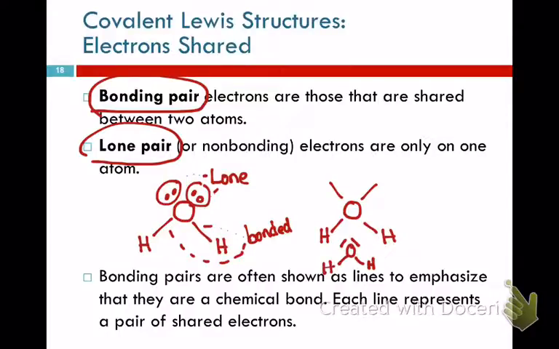But in any case, what I drew on the previous slide is true. A line means 2 electrons. So when you do octets, the reason this is nice for octets, you go 1, 2, 3, 4. It's really easy to see this line that's drawn this way. So that's 1, 2, 3, 4. That's 8 electrons. So if you count lines and multiply by 2, that's the number of electrons that you have.